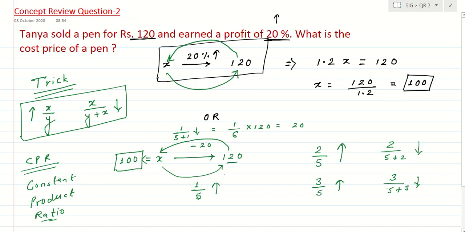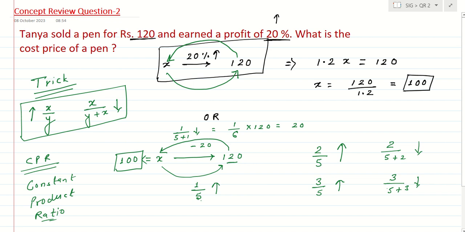So in this question, while increasing, x is the original value. While decreasing, 120 is the original value. So that's why I wrote it here. I told you, increment and decrement should always be calculated on the original value. So the increment is given as 1 by 5, the decrement must be 1 by 6 of what?